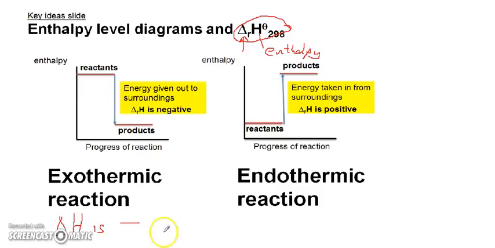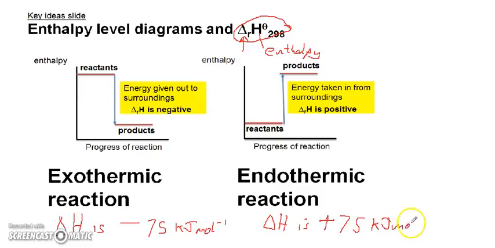For instance, you might have an exothermic reaction with an enthalpy change of minus 75 kilojoules per mole, whereas for an endothermic reaction delta H is positive. So you might have a delta H of positive 75 kilojoules per mole.